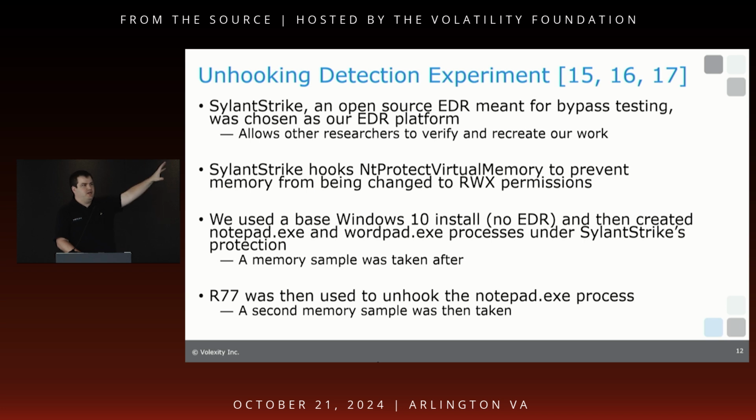So now you have these 2 processes hooked as if a real EDR would be hooked, and then we took a memory sample. We then used R77, which is another open source project on GitHub, for doing this type of module unhooking. We unhooked Notepad and took a second memory sample. So the first memory sample has 2 processes that are protected by Silent Strike. We then used R77 to revert one back to the original, which is exactly like malware does.